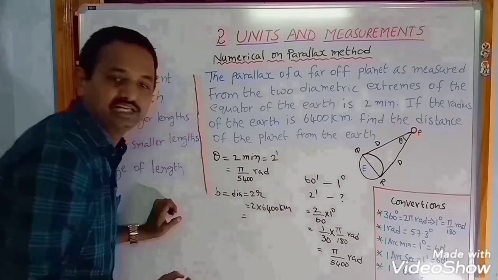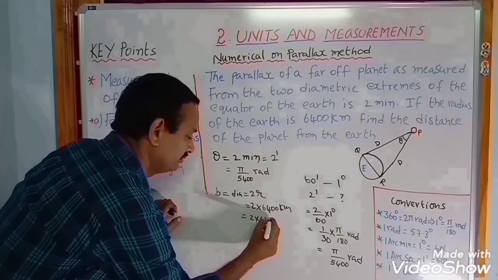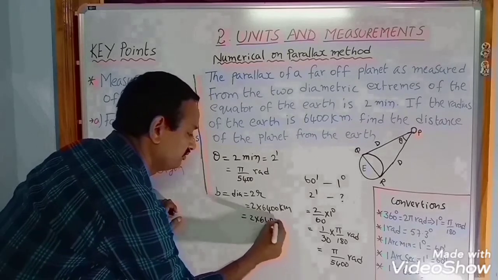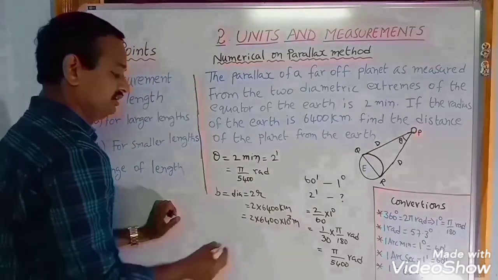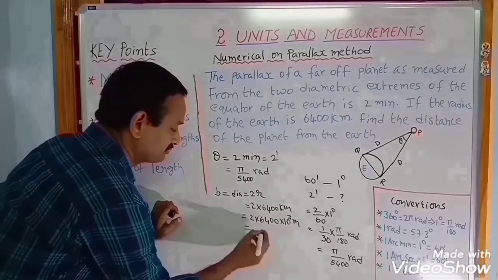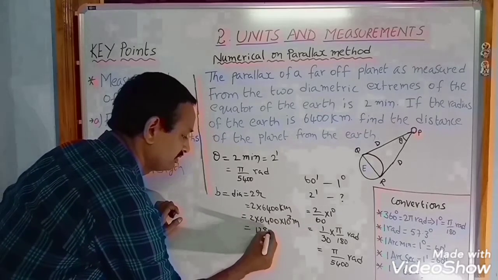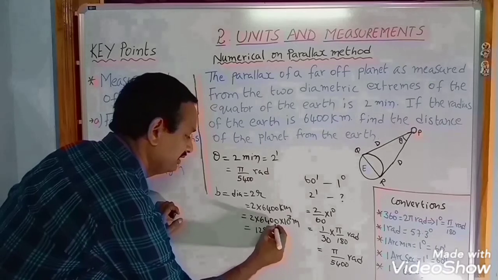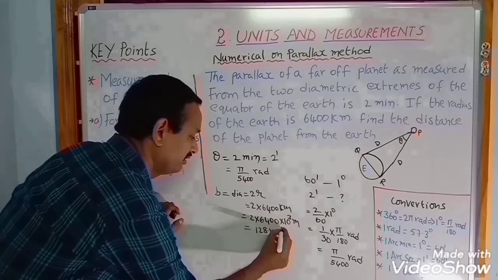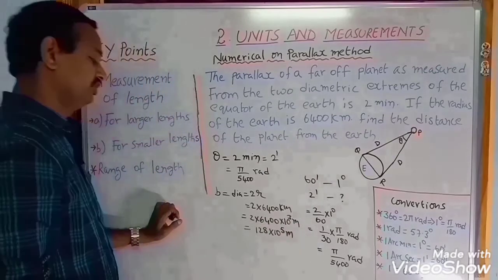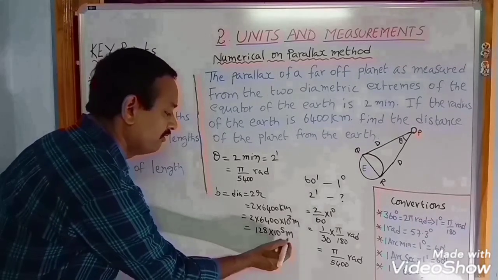I can write that in meters, that is 2 into 6400 into 10 power 3 meter. So 2 into 64 is 128, here 2 zeros are there, here 10 power 3, so you will get 10 power 5 meter. So you got the basis, that is 128 into 10 power 5 meter.